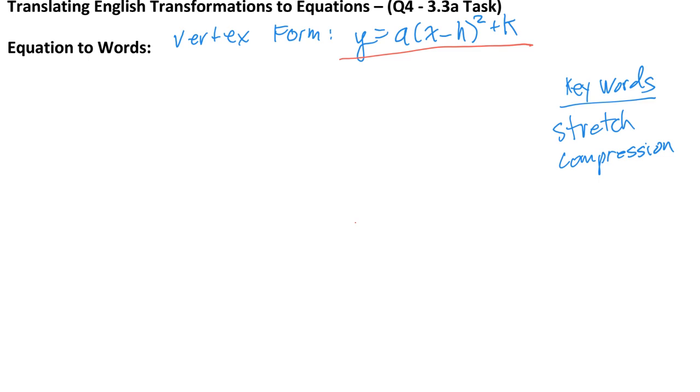And the reason why it's so beautiful is because it allows us to pick out the vertex and tell things like the stretch, whether there's a stretch or a compression, okay?